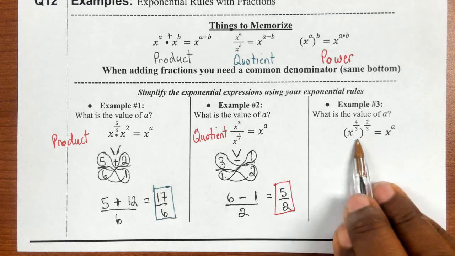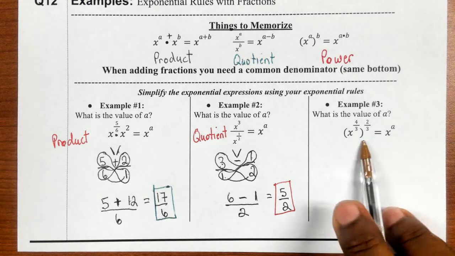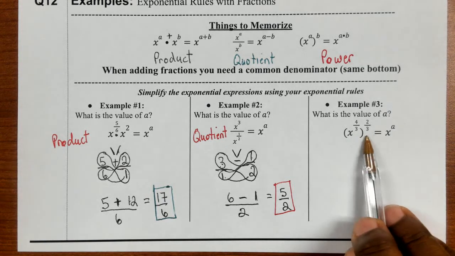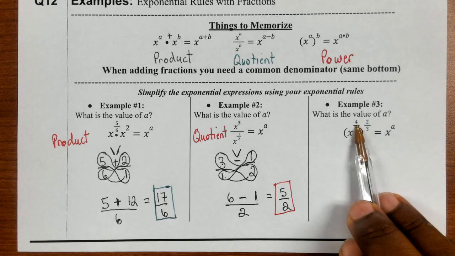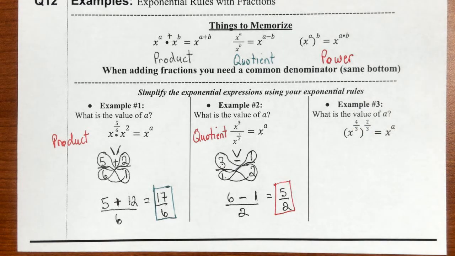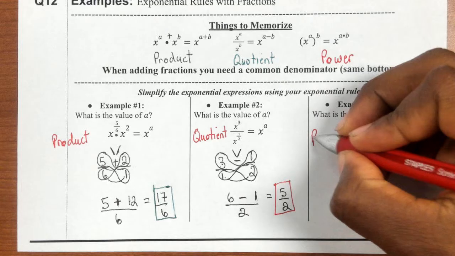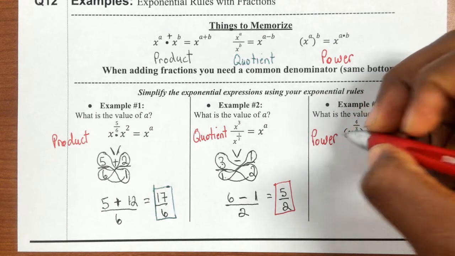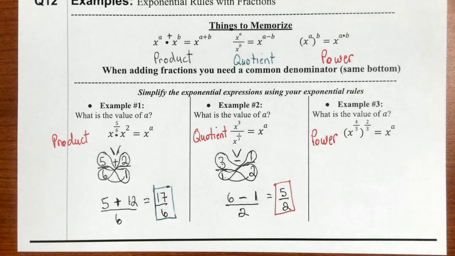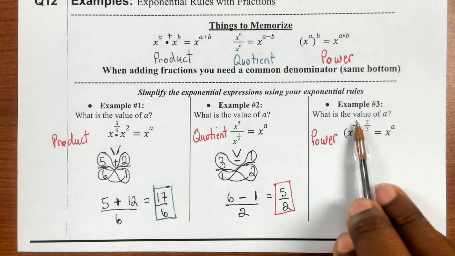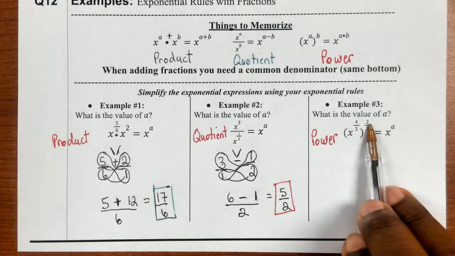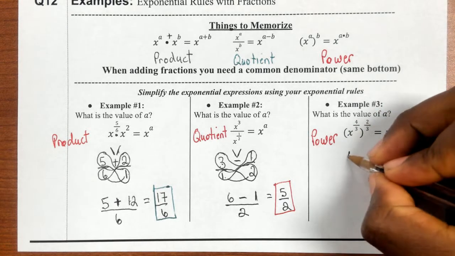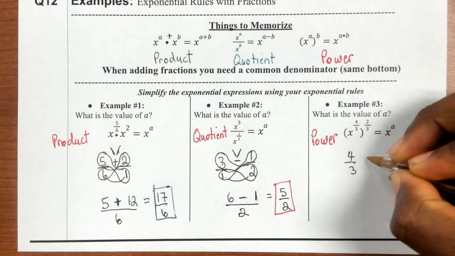So let's do the next one. Here I see parentheses. Automatically, when I see parentheses and an exponent inside and outside, what rule do I think to use? Power rule. Power rule states that when you see parentheses and you have an exponent on the inside and on the outside, you multiply the exponents.